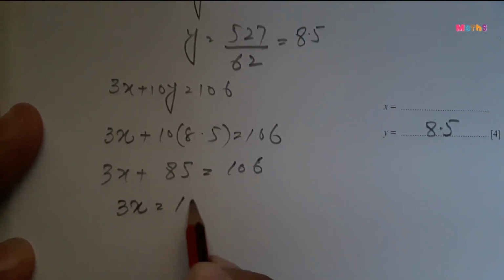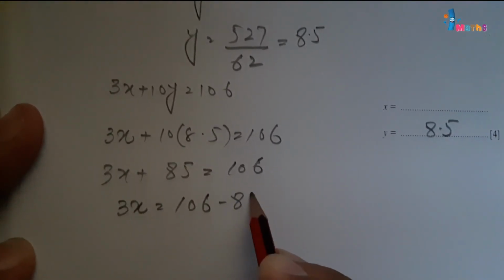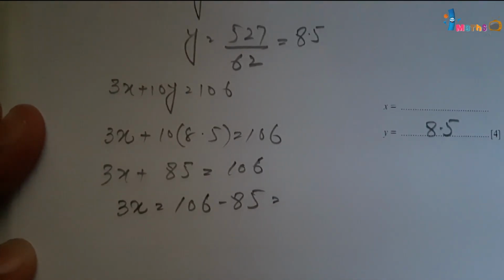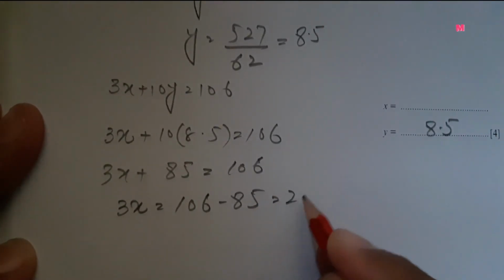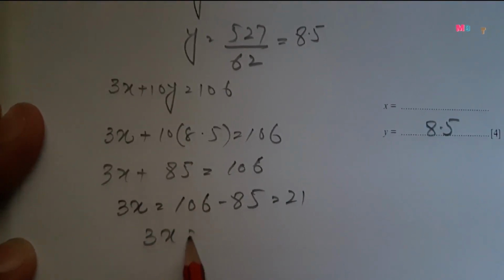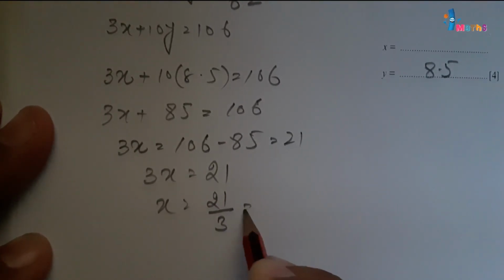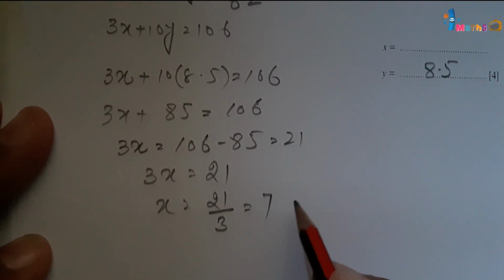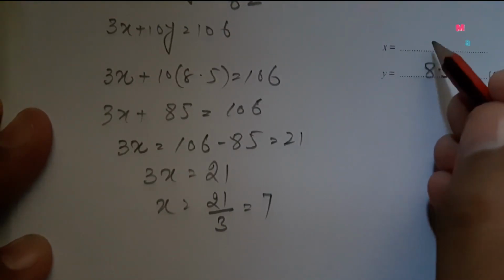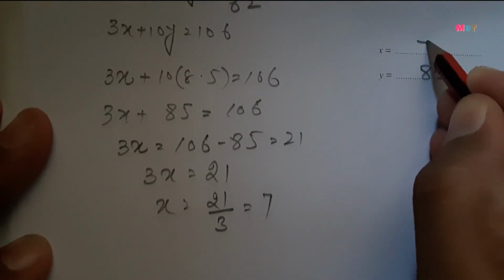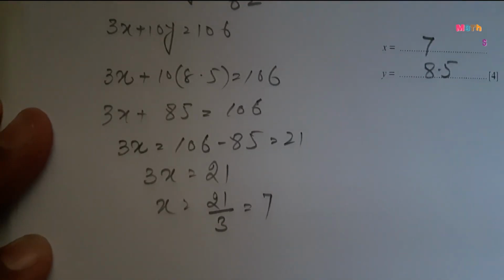So 3x is equal to 106 minus 85, which is 21. So 3x is equal to 21. x is equal to 21 over 3, which is equal to 7. So the value of x is 7 and y is equal to 8.5.